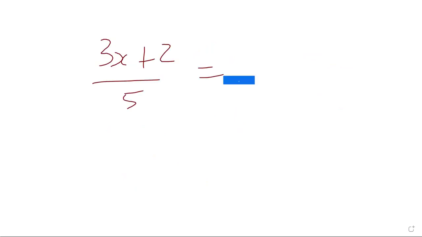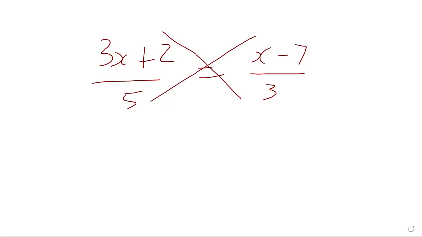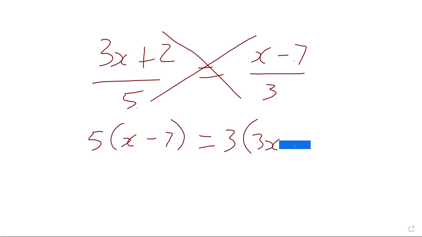Another one, 3x plus 2 divided by 5 equals x minus 7 over 3. Now, the first thing is to cross multiply again. So 5 times x minus 7 equals 3 times 3x plus 2.